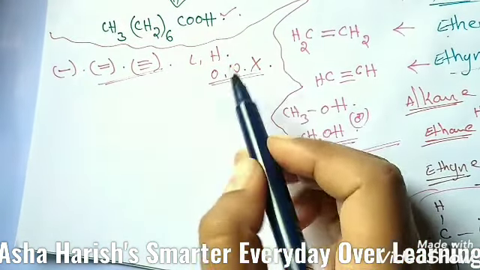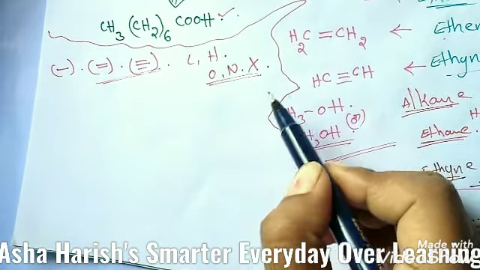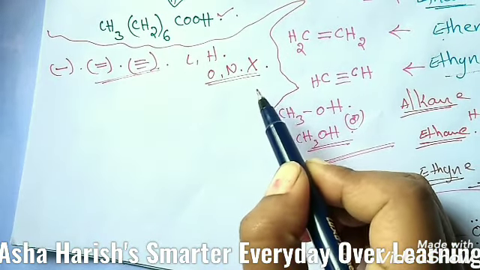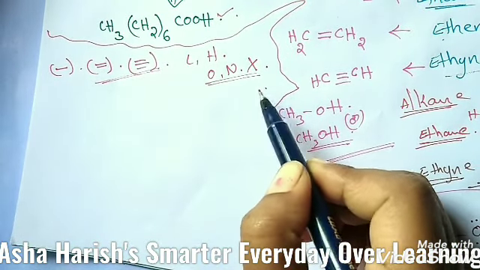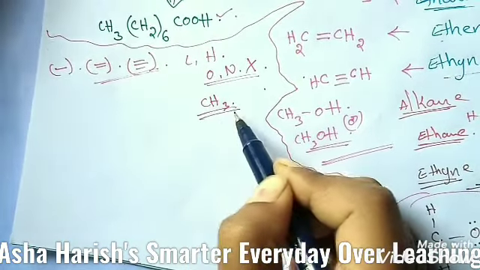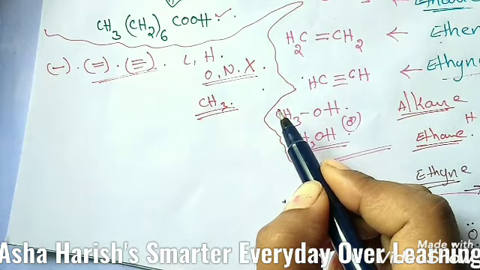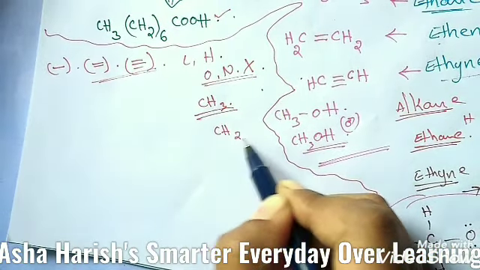Further, it is assumed that each carbon at a line end or intersection is attached to the required number of hydrogen atoms. A terminal denotes a CH3 group, and an unsubstituted intersection denotes one CH2 group.